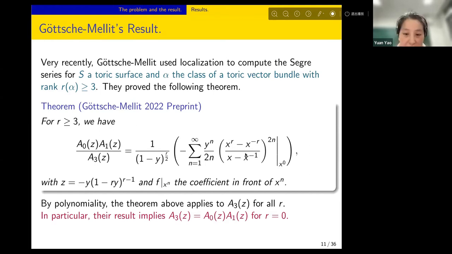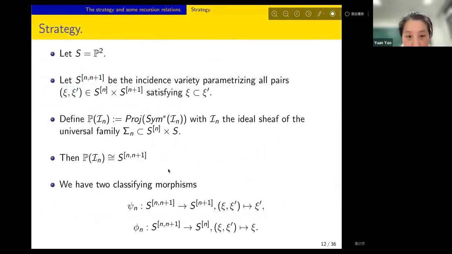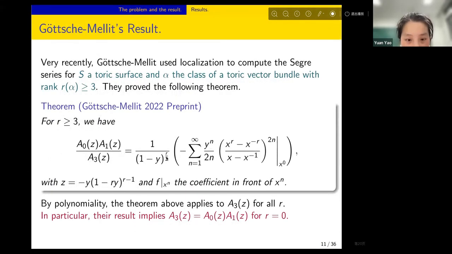So X is not important. It's just some variables here. Once you let r equal to 0, you can compute, and this term is 1, you get 1. So their theorem also implies this equality.